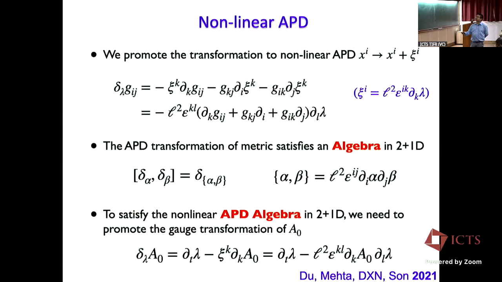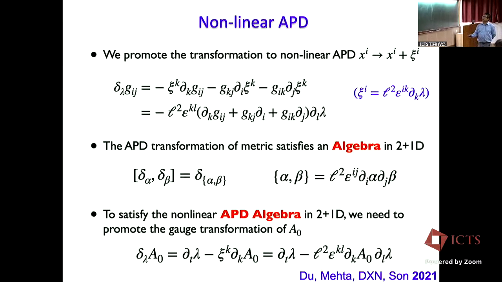transformation of the metric. Now I have the nonlinear term also. It's the same area-preserving, but I promote this to the full nonlinear transformation of the metric under the diffeomorphism.